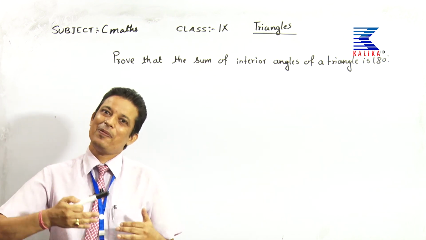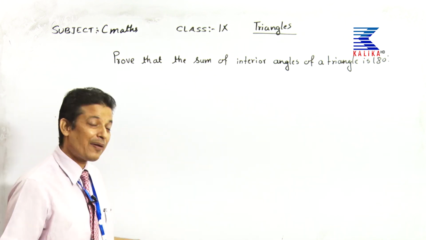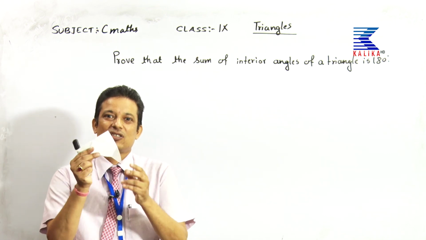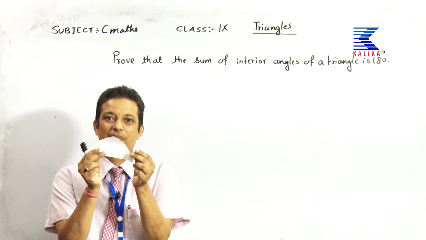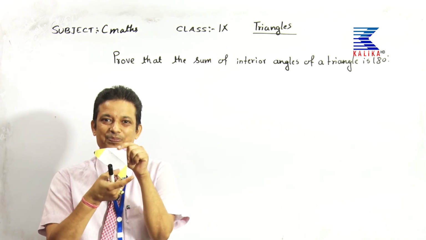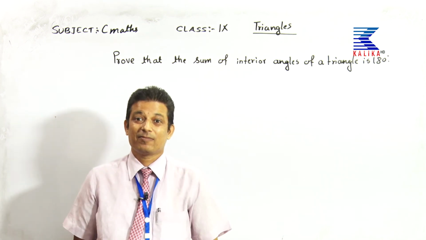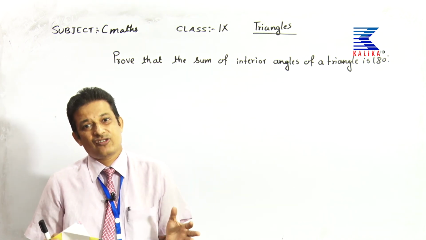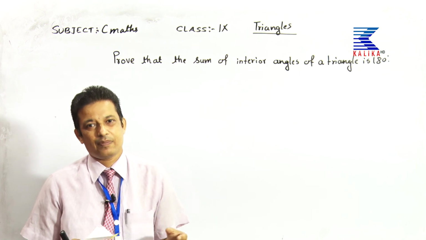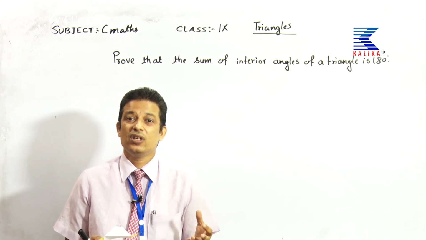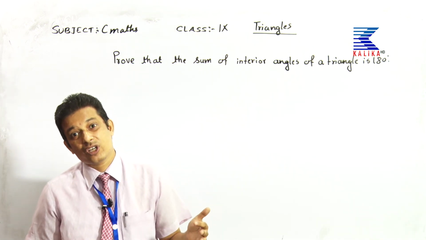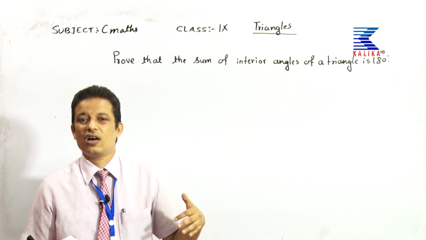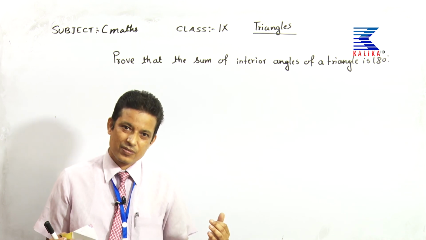We have already verified the sum of 3 angles of a triangle. The sum of 3 angles of a triangle is 180 degree by the paper folding method. And next, I have shown you by making some triangles using the GeoGebra app. I drew some triangles and gave you some examples where we got the sum of 3 angles always as 180 degree.